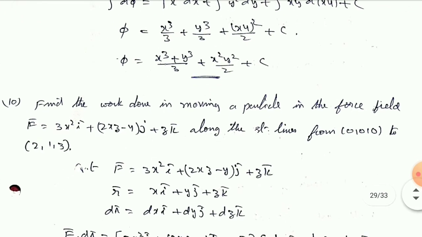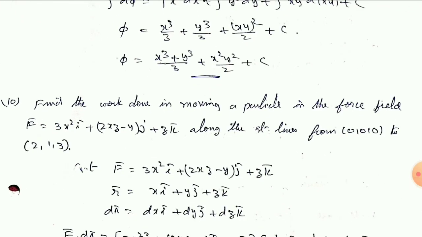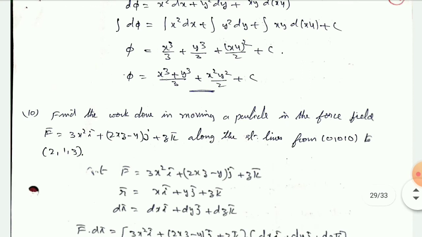Now coming to the 10th one. Find the work done in moving a particle in the force field F bar equal to 3x square i plus 2xz minus y of j plus zk along the straight line from the points 0, 0, 0 to 2, 1, 3.